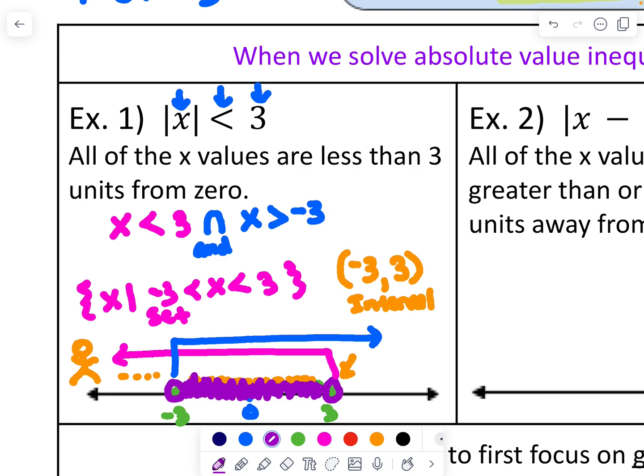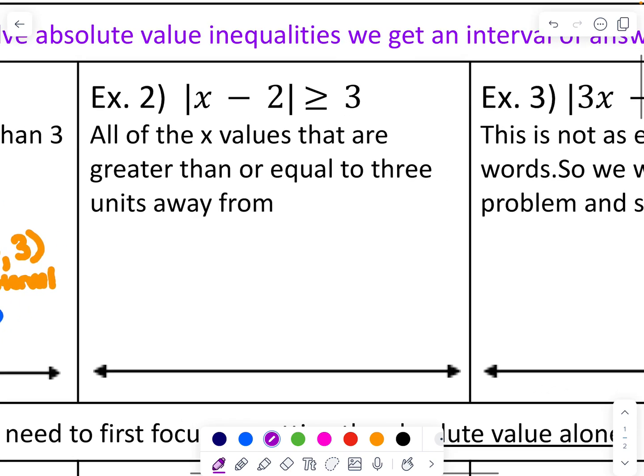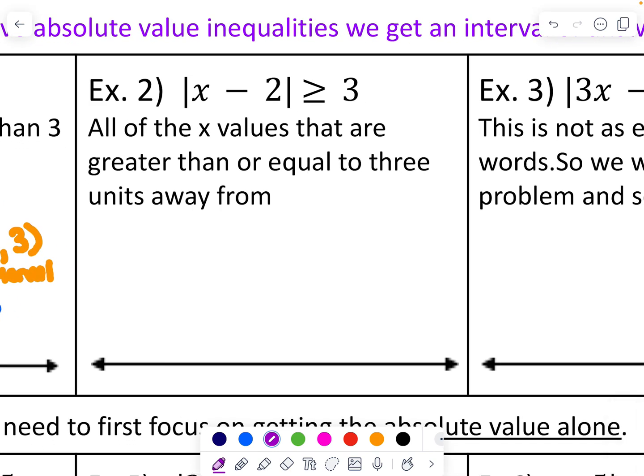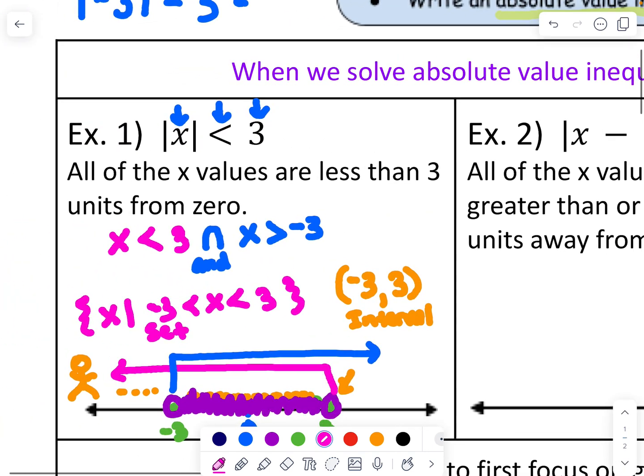We started out with that graph because we know how to read an absolute value inequality. The difference between this one and the last one is that there's something with the x inside the absolute value. This is saying all of the x values that are greater than or equal to 3 units away from 2.